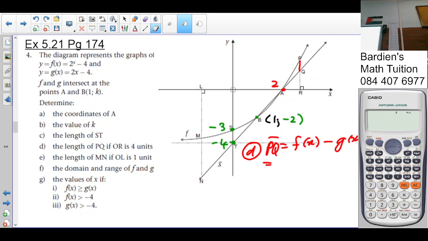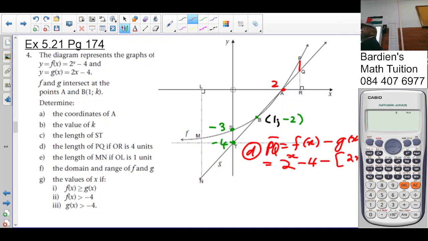Nobody's saying yes now. So you've got 2 to the x minus 4 minus g of x, which is 2x minus 4. So we're going to get rid of the brackets here. So we've got 2 to the x minus 4 plus 4 will cancel, minus 2x.